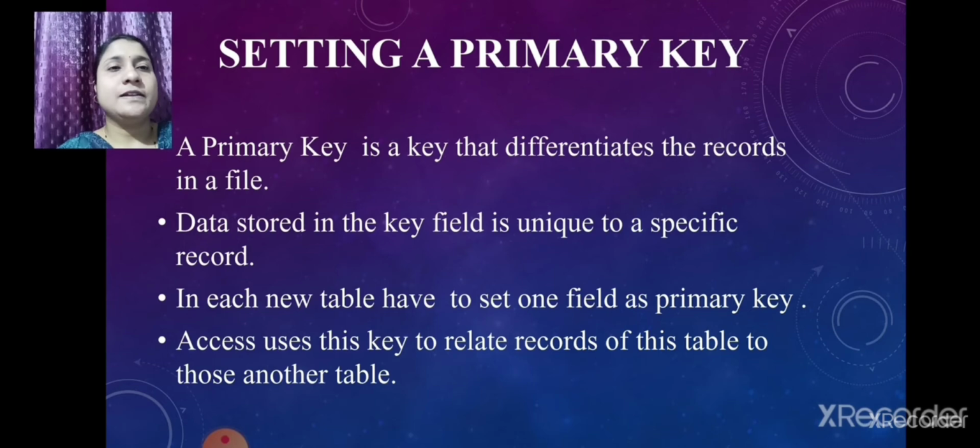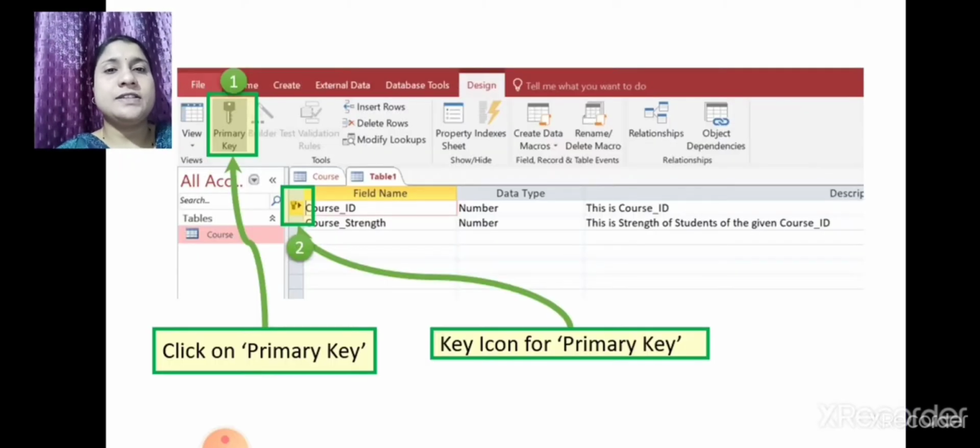Getting? Yes. So see here, in the field you can see the course ID is given, data type number is given, and the course ID is given the primary key, you can see there.